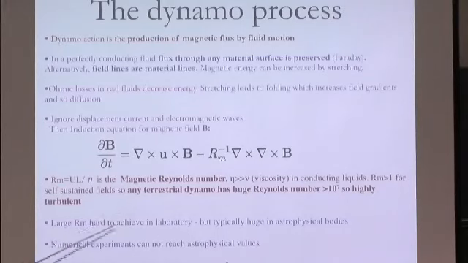So you have to be careful to get large Rm. And as I'll say in a minute, in the laboratory it's quite hard to get growth of magnetic fields. And numerical experiments, which are better than the laboratory experiments, can't reach astrophysical values. So we're actually in a funny game that we know the equation, more or less, but we can't reach the right values of the parameters to understand fully what's going on in the cosmos.